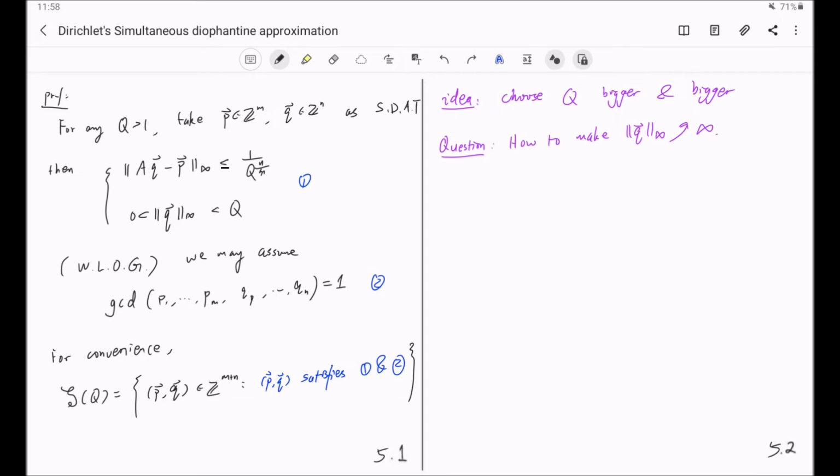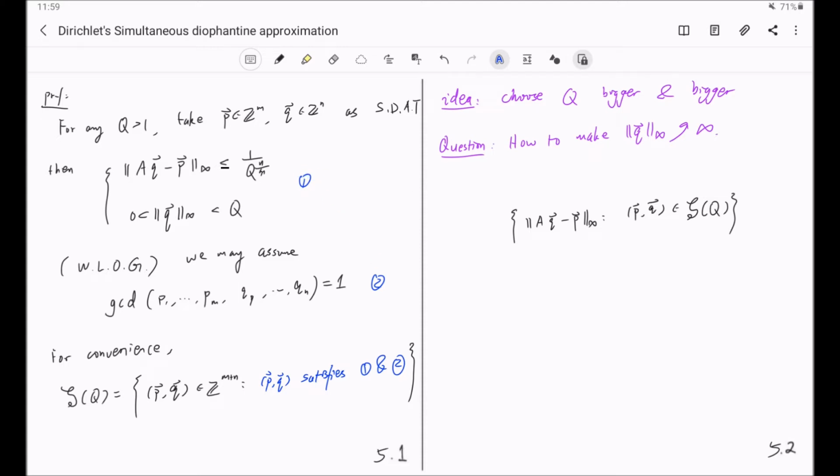So now we consider this set, the set of the values of this norm such that the pair p, q is in script S of Q, those pairs satisfying equations 1, 2.